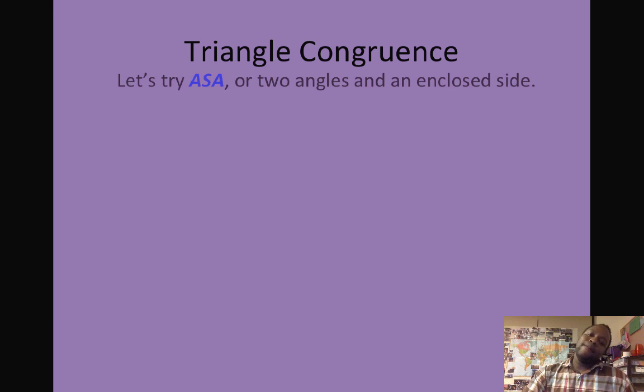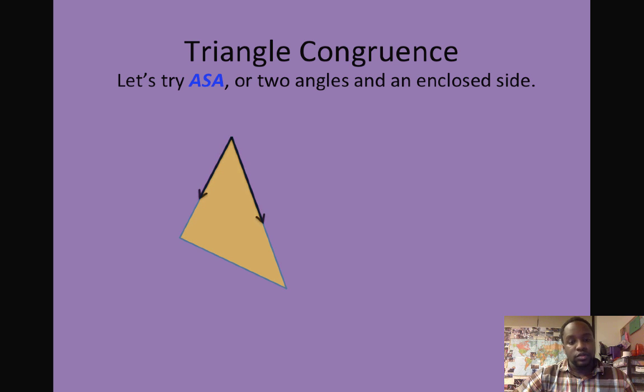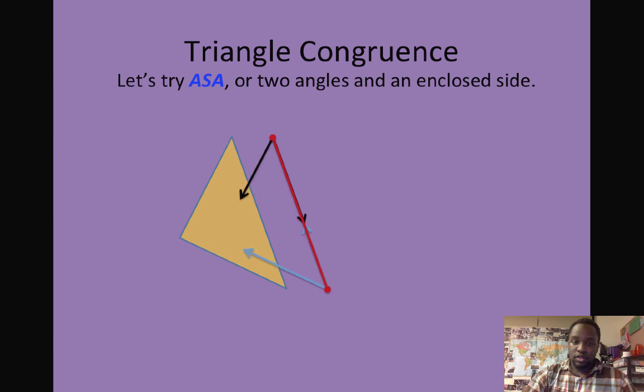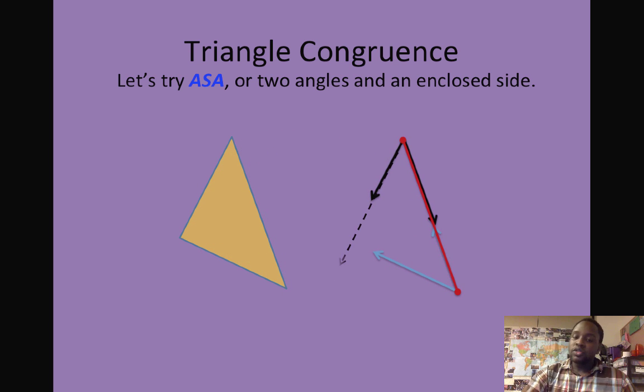Okay? Now back to visualizing another angle pair. Let's try angle, side, angle, or 2 angles and an enclosed side. So we have an angle, a side, and an angle. So now this time, the side is in between the two angles. So we can make a congruent triangle.